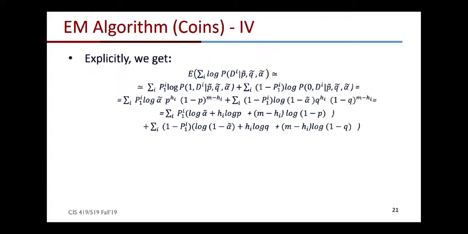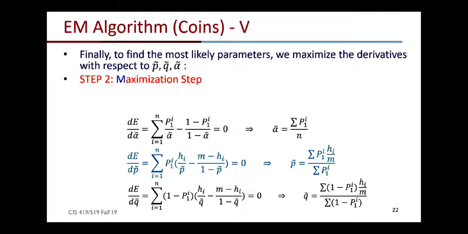Again, let's look at it. What happens when you differentiate this relative to alpha? From here, everything disappears. From here, all these disappear. So what I'm going to get is the sum of P1i over alpha minus 1 minus P1i over 1 minus alpha.